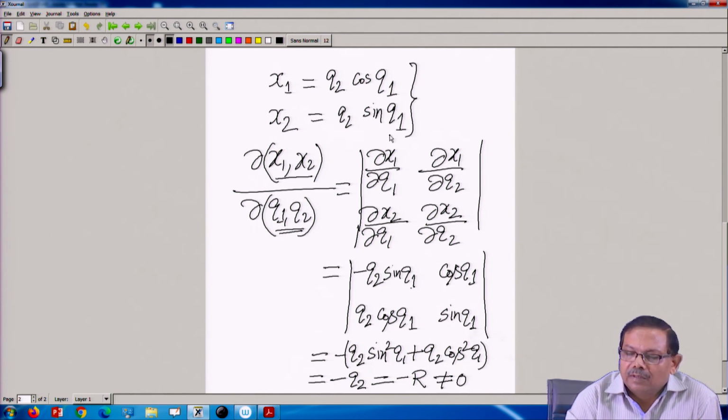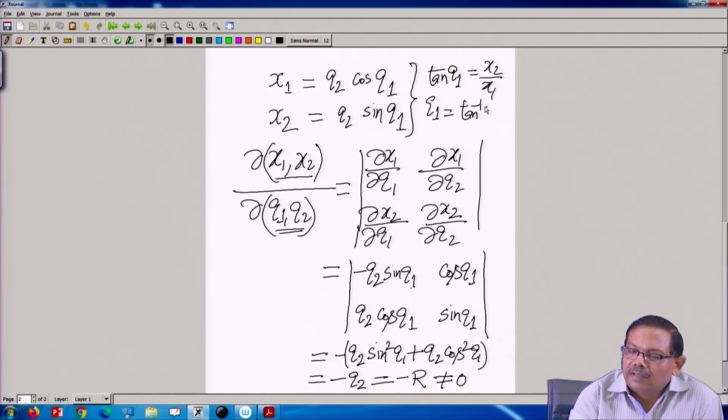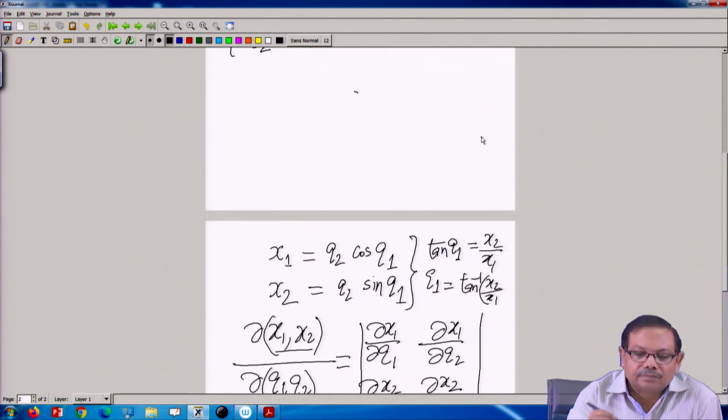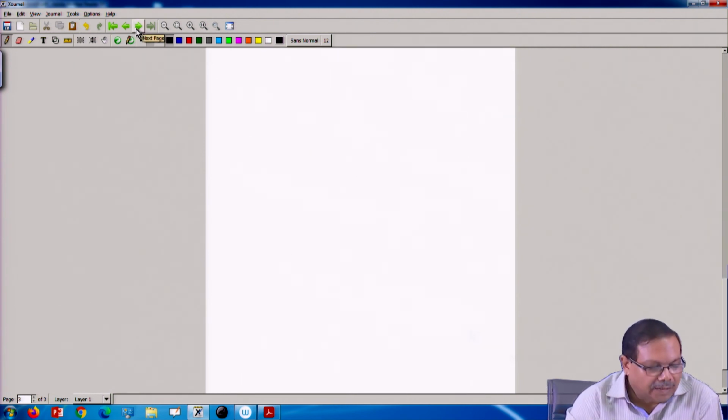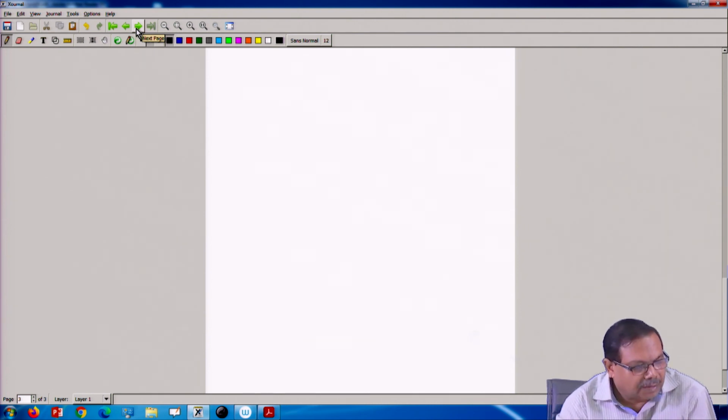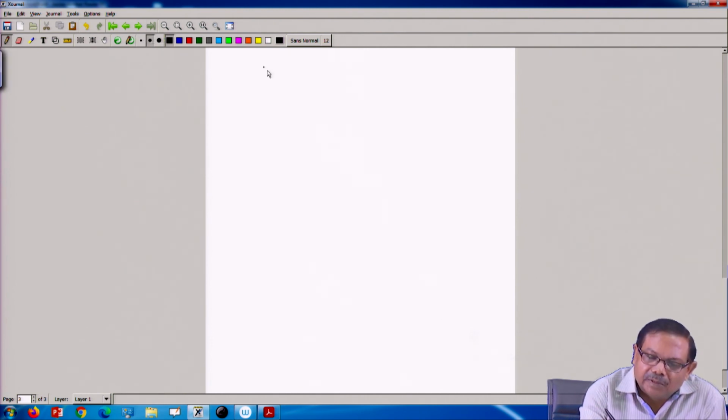So, the transformation is possible, and what would be the transformation? If I take the division here, this will give me tan q1 equal to x2 by x1. So, q1 is tan inverse of x2 by x1, and I will also have the other relationship: q2 is the square root of x1 square plus x2 square.